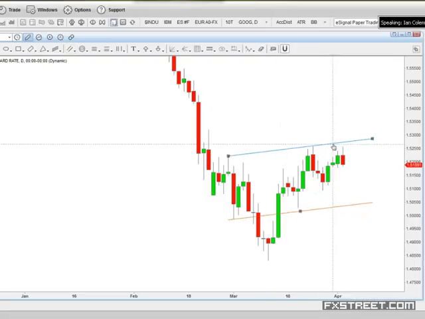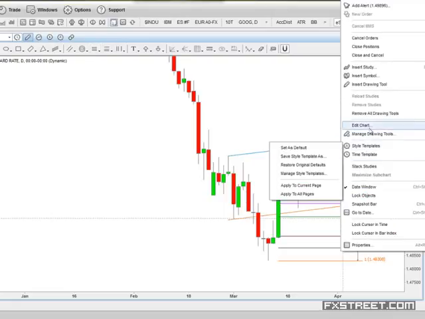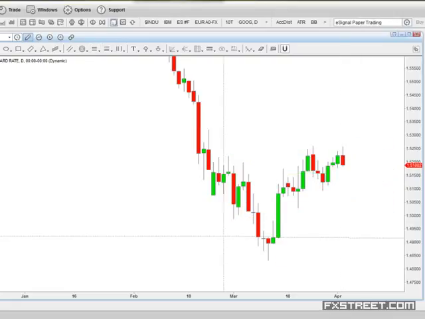So I've had my 5 waves up, and I'm then looking for a choppy 3-wave correction lower in this channel formation. If we put the fib retracement tool on now, you can note that 50% just about comes in at the channel base.